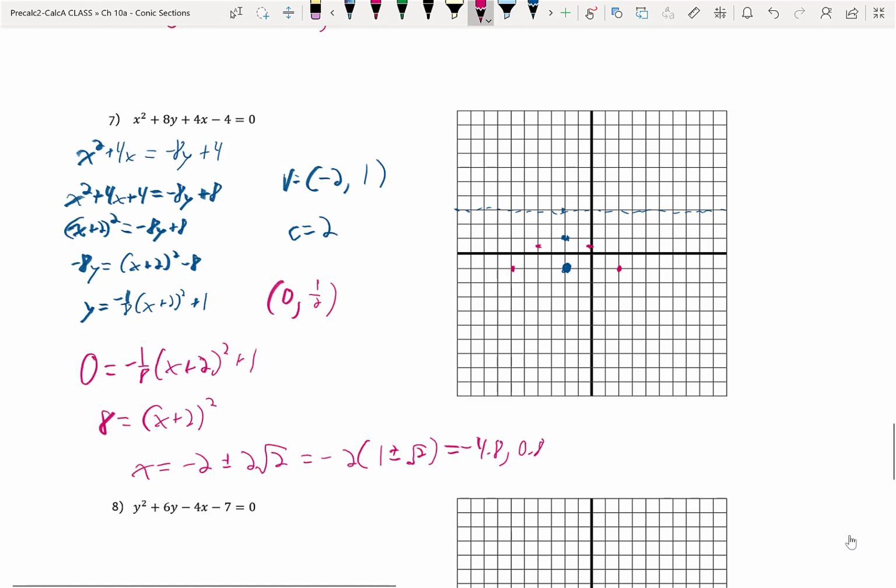And let's see, -4.8 is going to be right here, 0.8 is going to be right there.